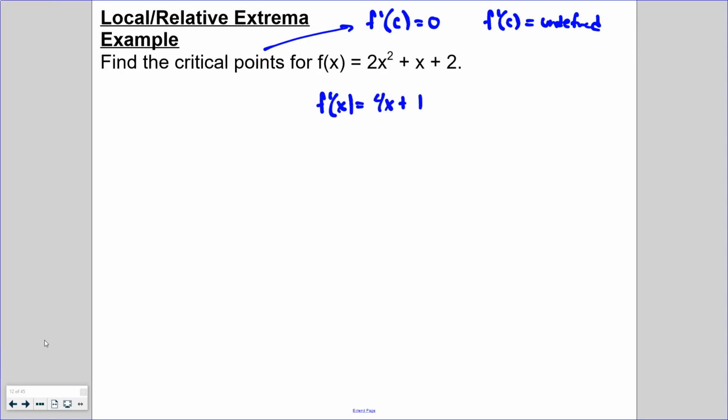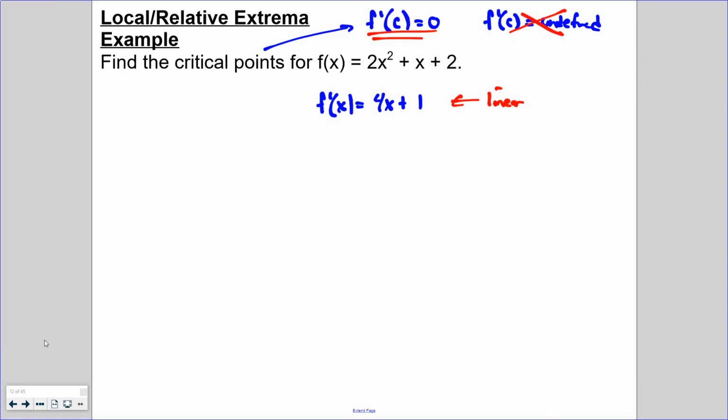Alright, well, 4x plus 1 we know is a linear function. And we know linear functions exist everywhere, because a linear function is a polynomial, therefore it exists everywhere. So since it exists everywhere, we know the derivative will never be undefined, so we just need to check for when the derivative will equal 0.